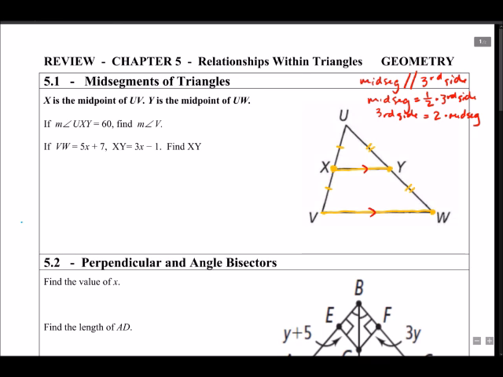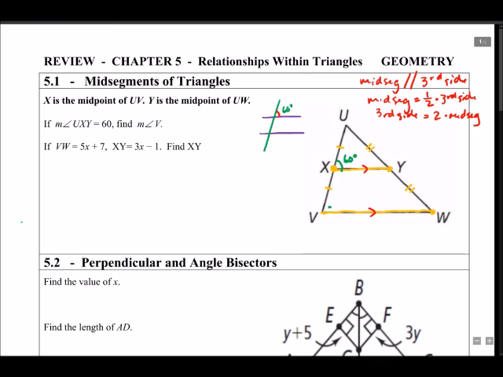It says if the measure of angle UXY is 60, so let's find angle UXY. There's UXY. It measures 60 degrees. Then what is the measure of angle V? So we are looking for this angle right here. Well, we know that those lines are parallel. So if we draw our parallel lines, and we know we have this transversal here, and we know that this angle measures 60 degrees, what do we know?